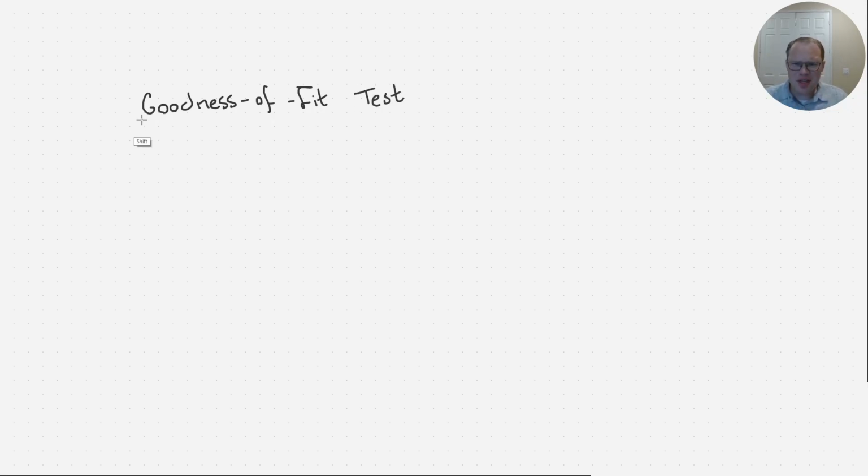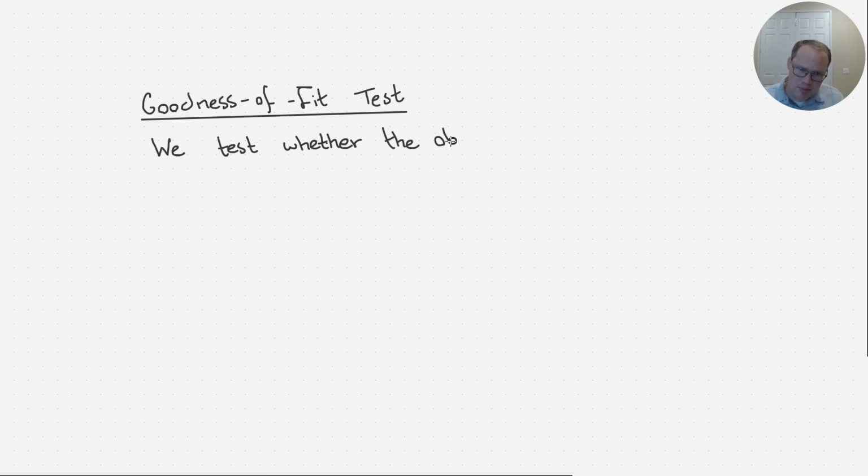In this kind of test, we look at whether the observed sample data fits an expected discrete distribution.